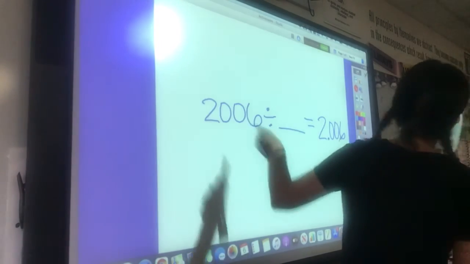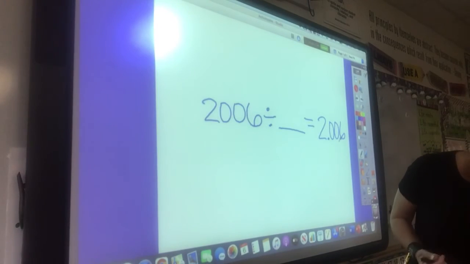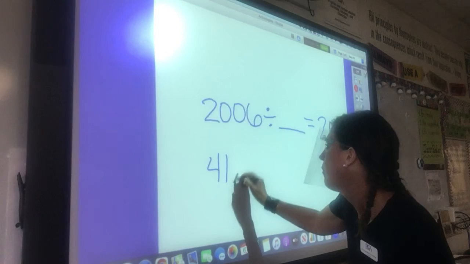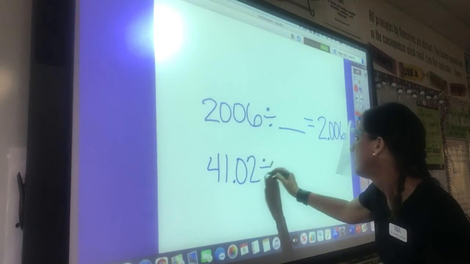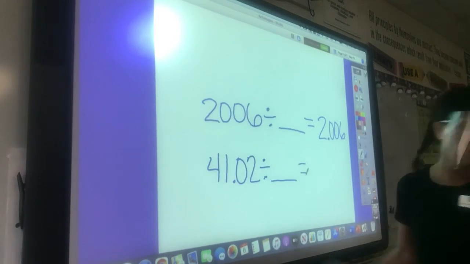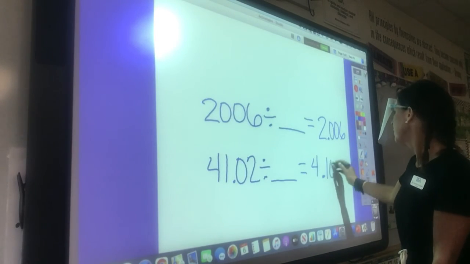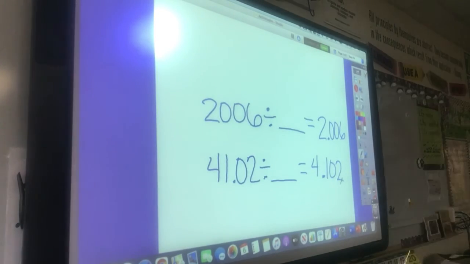Yeah, it jumps 3 times, so we're going to get 1,000. Okay, and then what about this one? 41.02 divided by blank equals 4.102. Patty. 10. Yeah, it just jumps back 1, so it's got to be 10.